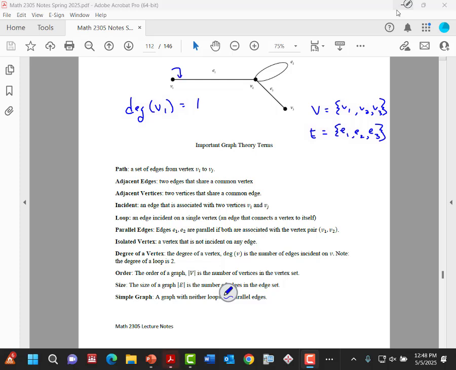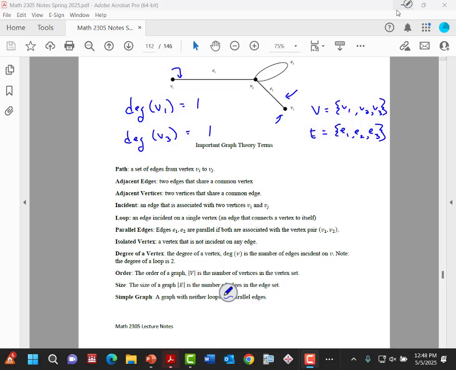Why is that? There is one edge that is incident on V1. Well, what about V3? The degree of V3 is also 1. Why? There is one edge, namely E3, that is incident on V3.